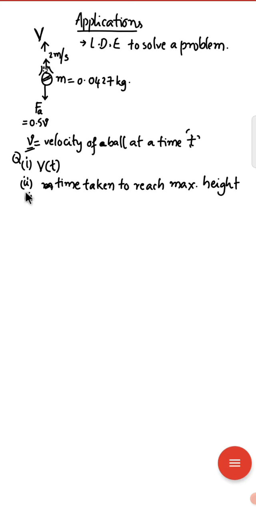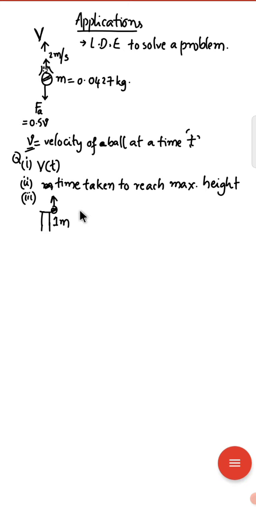So the third one they asked is, if the ball is thrown from an initial height of 1 meter, so the person is standing on, let's say, a bench or a stool of 1 meter height, and the ball is thrown upward from that 1 meter, then how high will it reach?